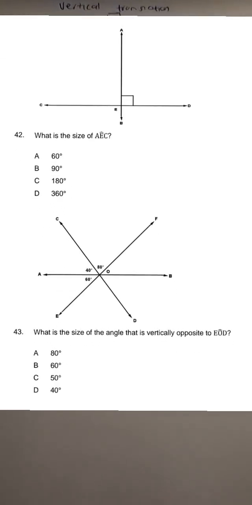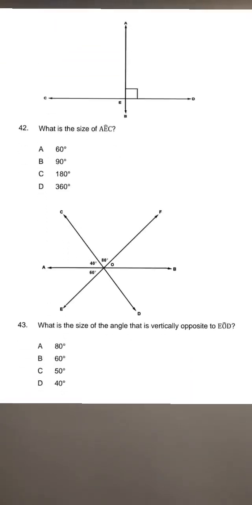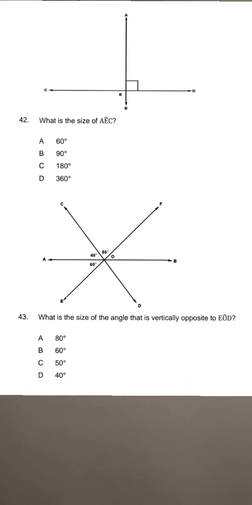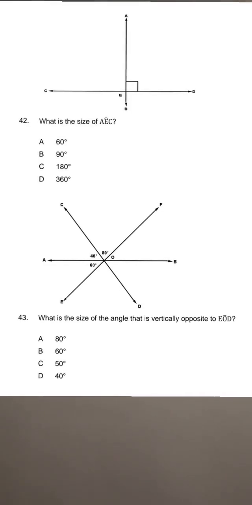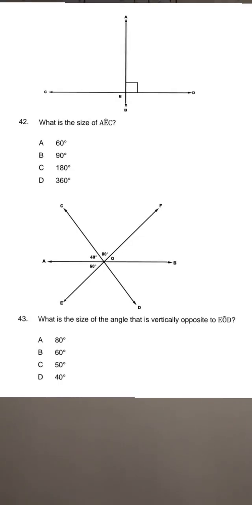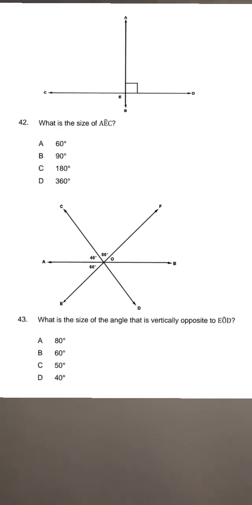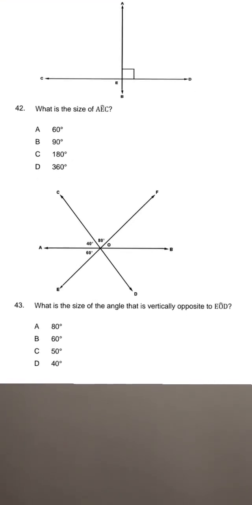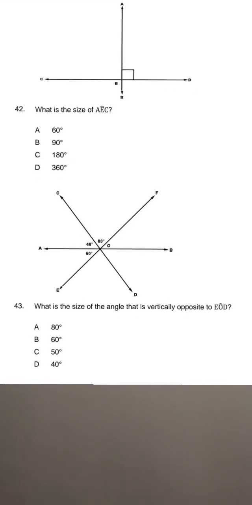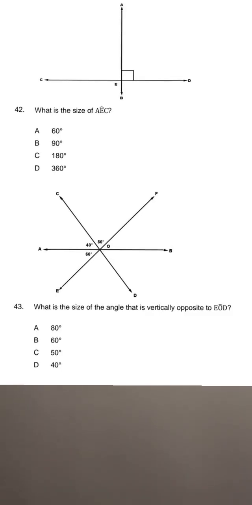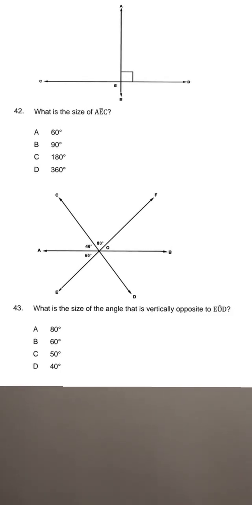So I hope you can see the diagram, number 43. The question there is saying, what is the size of the angle that is vertically opposite angle EOD?